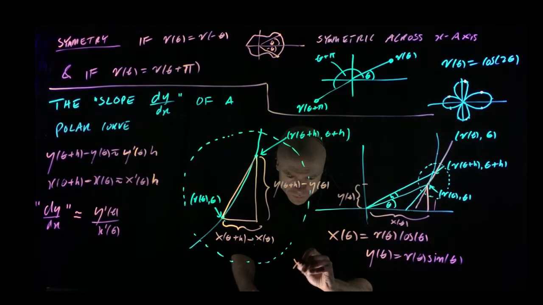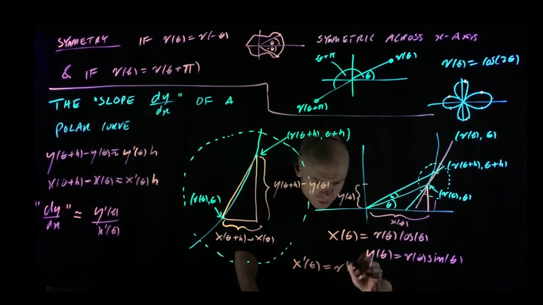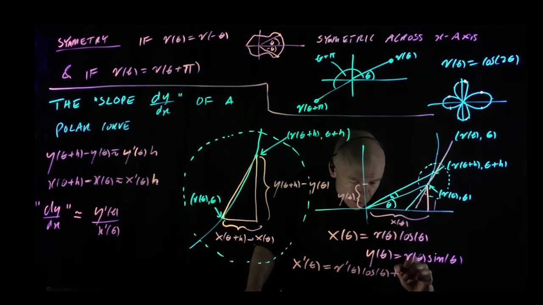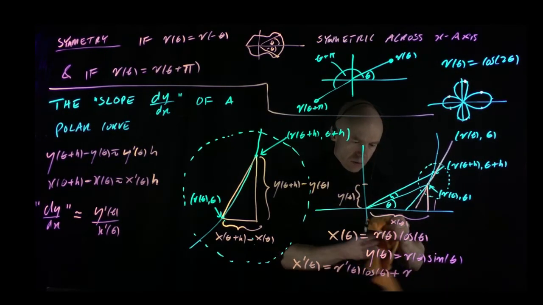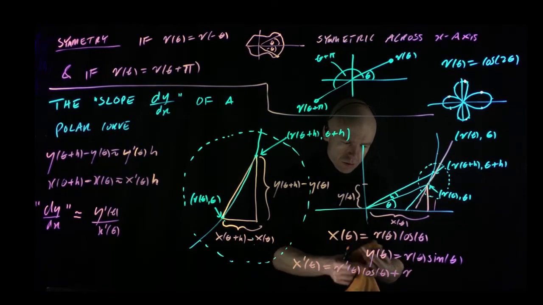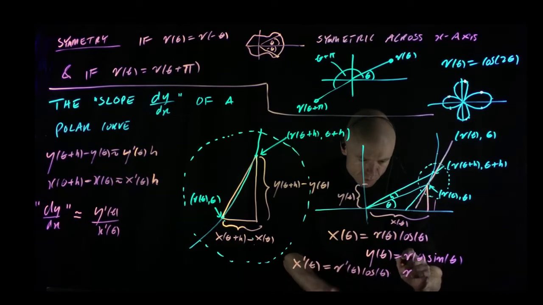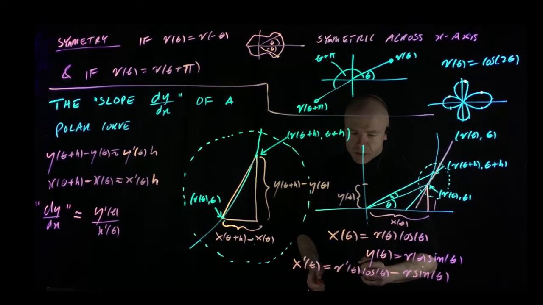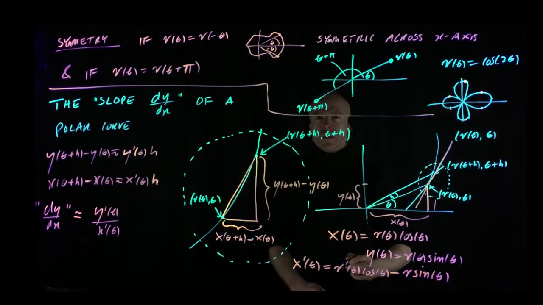So x prime of theta, we have this, it's going to be r prime of theta cosine of theta minus r of theta sine of theta, right? That's this expression.